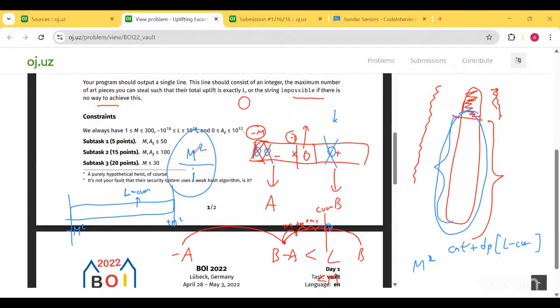Because if it is greater than this, we will never use it since it is out of bound. So the number of items is smaller. Is it correct? Even if the number of items is up to 10 to the 12, using this observation we just need to use a few items only.